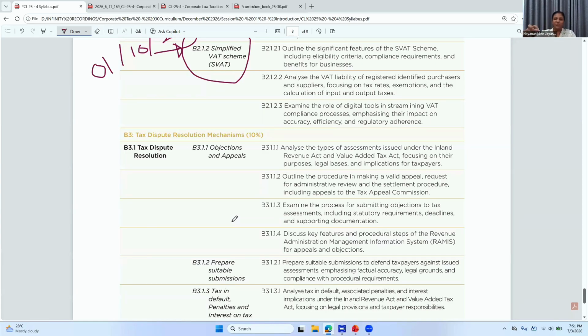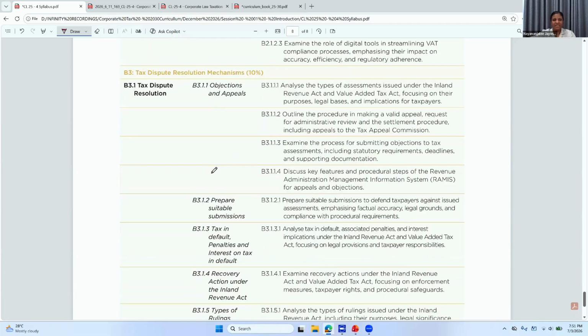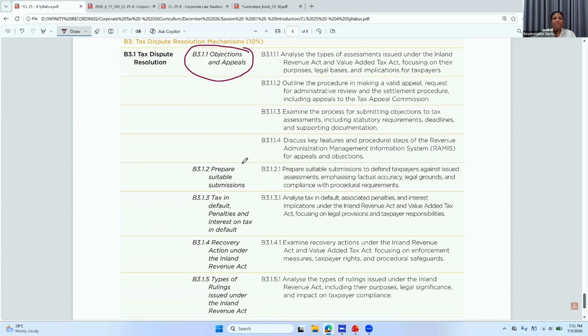To resolve that, what is the law that has given us the provisions to apply? That is 10% of the area, tax dispute resolution. Under that, you have to learn about the objections and appeals, and prepare suitable submissions.